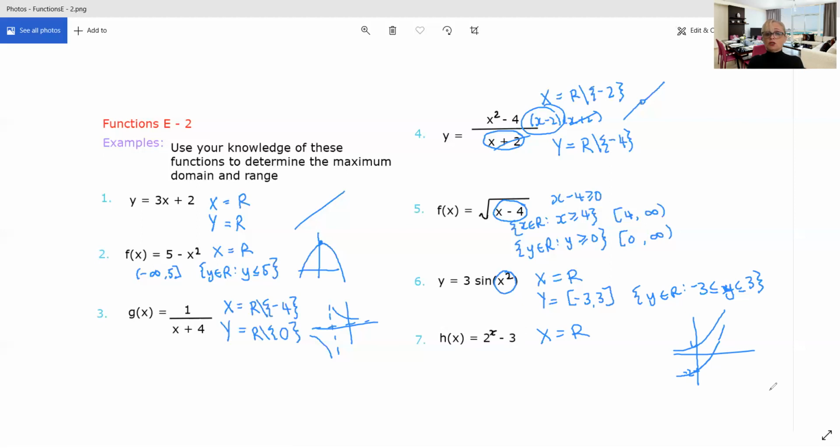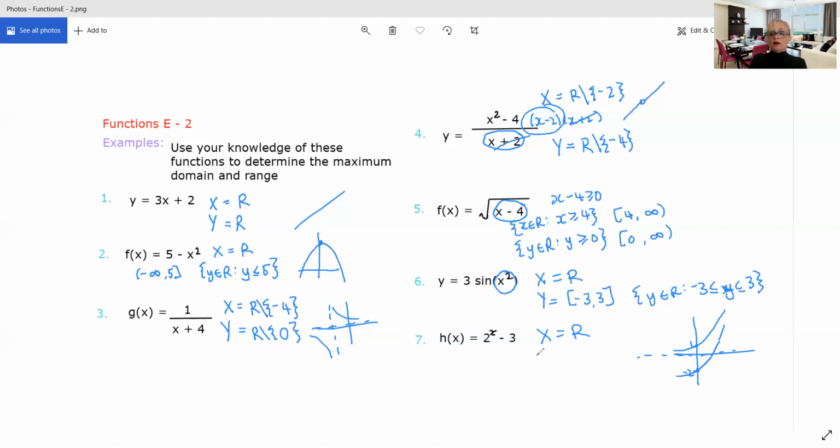The range, what's going to actually happen here, normally there's an asymptote and the graph approaches 0 from above as you tend towards negative infinity. This time, because it's being shifted down by 3, the y value will be approaching negative 3 from above.